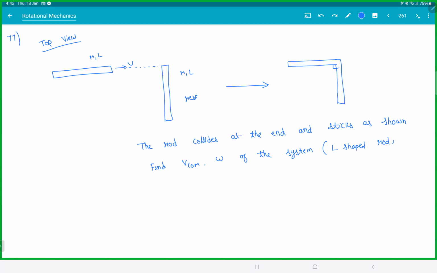You can see it and tell the answer. Tell me one thing: during collision, will the center of mass get affected? No. The initial velocity of center of mass is the final velocity of center of mass. mu by m plus m is u by 2. The final velocity is u by 2. The only catch is that the center of mass is somewhere else now, not there anymore. Find omega. Get it? Just give it a try. I'll get some water and come.